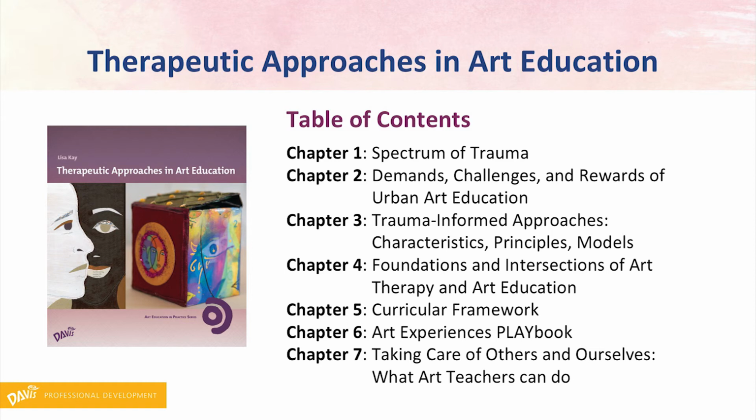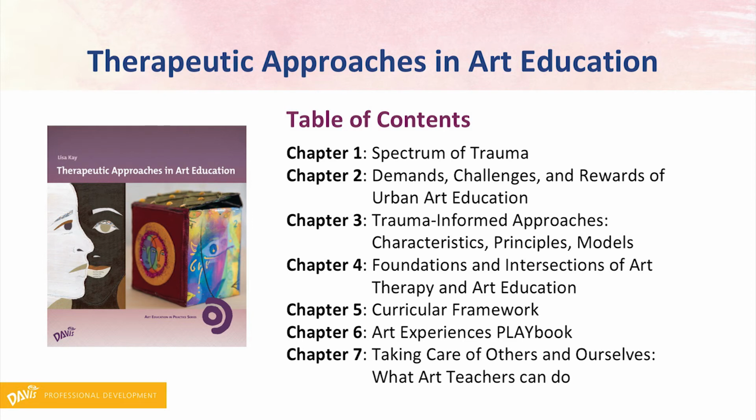Chapter 2 focuses on how therapeutic approach can aid teachers with particular demands and challenges of urban art education. Chapter 3 covers trauma-informed approaches, characteristics, principles, and models that can be applied to art education.